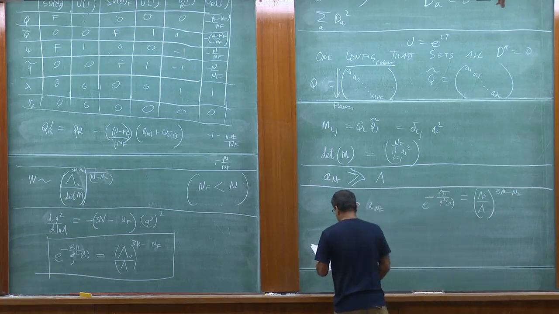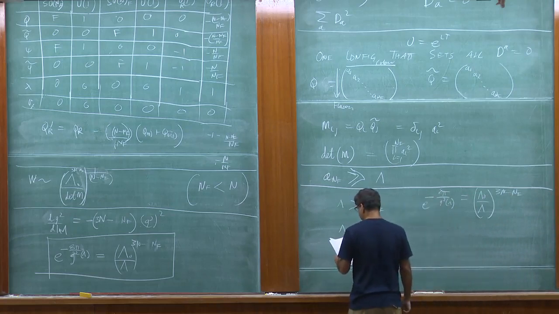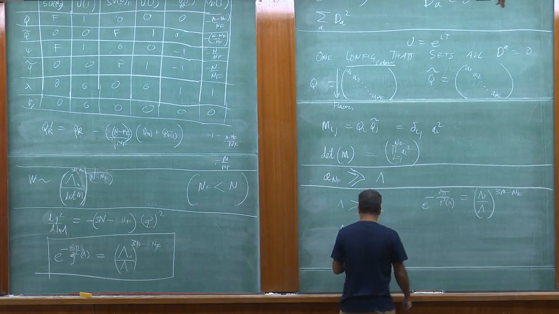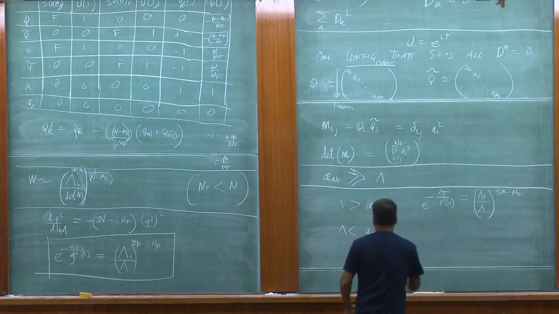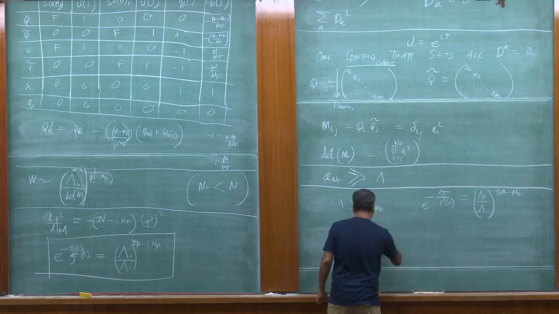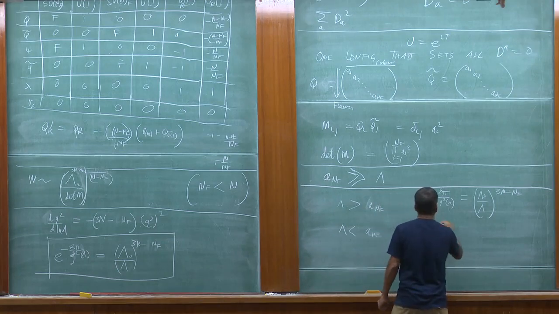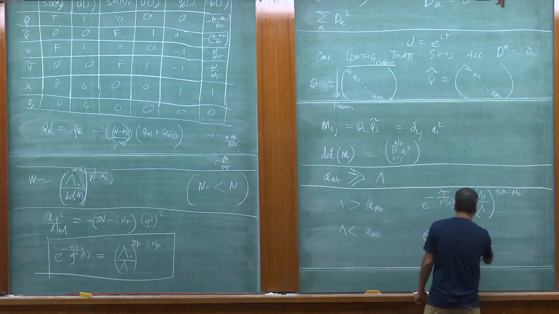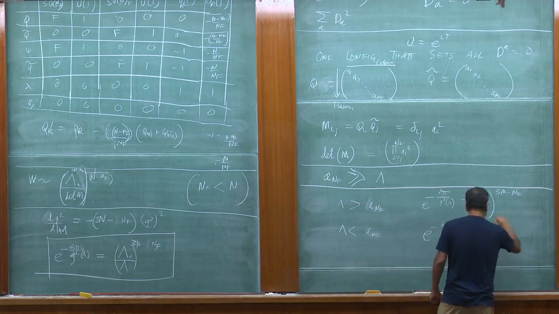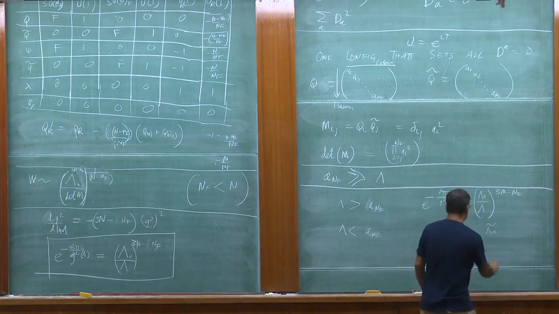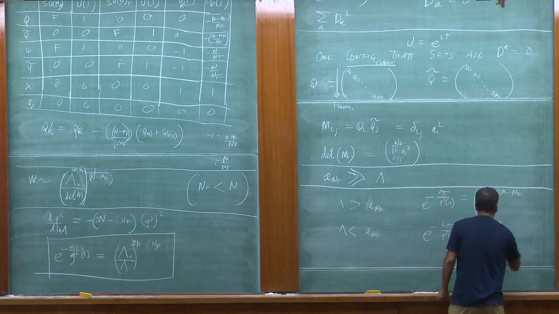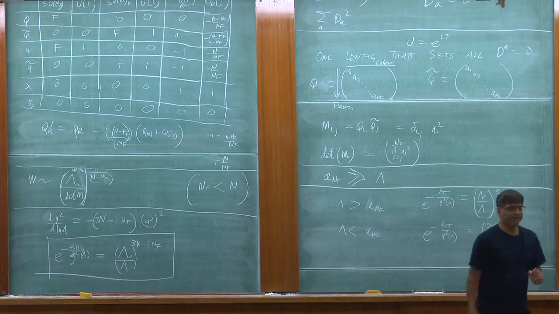for lambda less than A and F, we're going to have e to the power minus 8 pi by g squared of lambda being equal to some lambda naught tilde by lambda, and now to the power what?